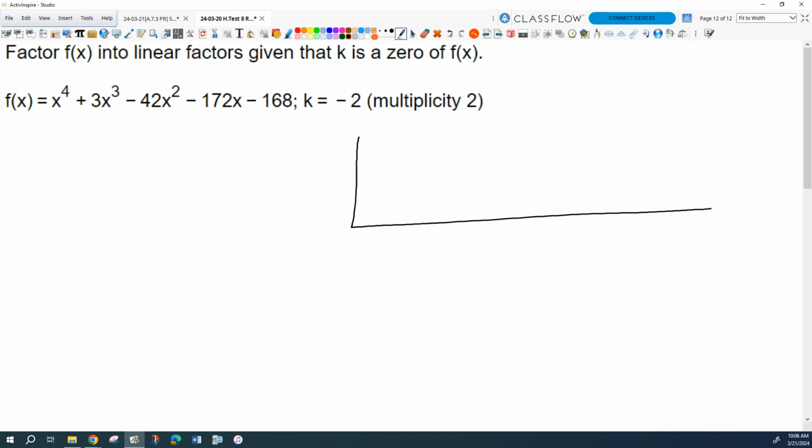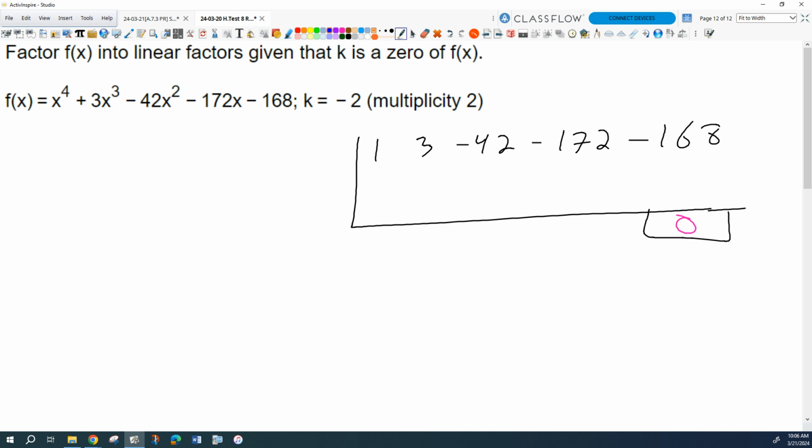What goes in the top? Tell me coefficients, everybody. 1, 3, -2, -172, -168. And we already know what goes in the remainder box? 0. Okay, so we do the process.